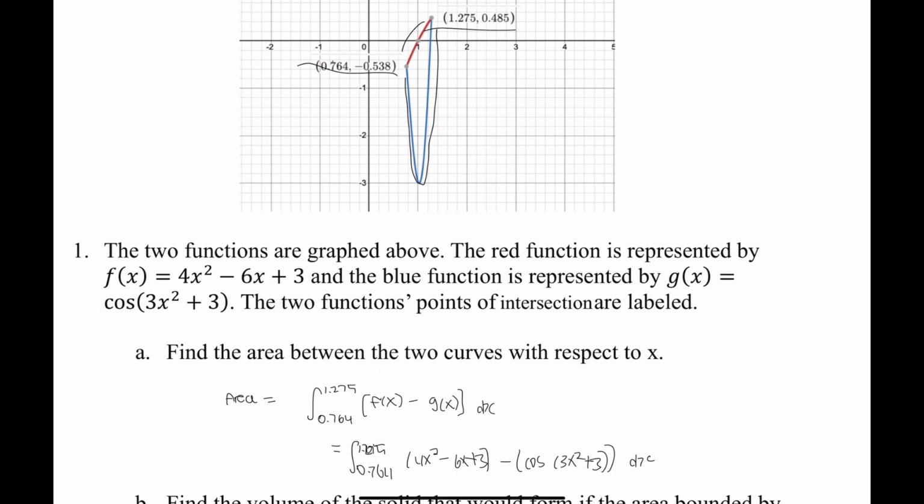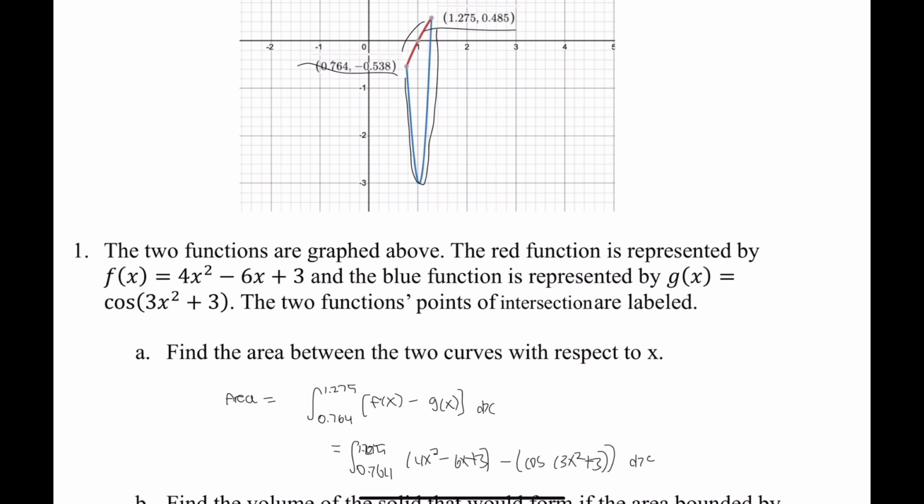We're going to try to take the integral on our calculators. So 0.764 and 1.275, and then 4x to the second power minus 6x plus 3, minus cosine of 3x to the second power plus 3.